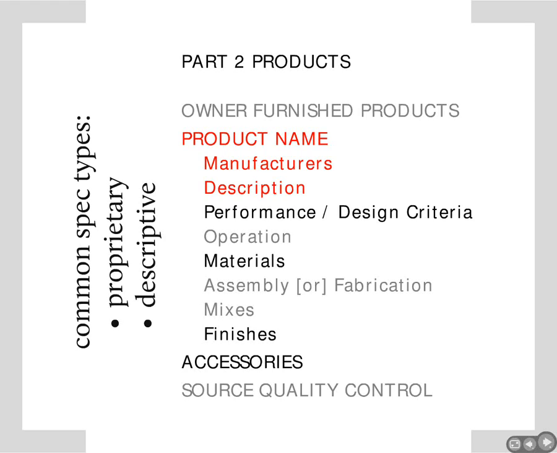And because these are products that need to be attached to the structure, most of them are probably going to need some sort of accessories, whether it's fasteners, anchors, and potentially some seals and flashings to complete the assembly with the surrounding materials.